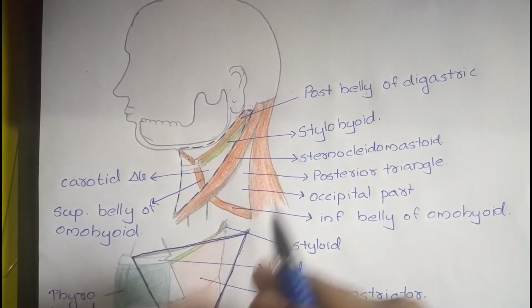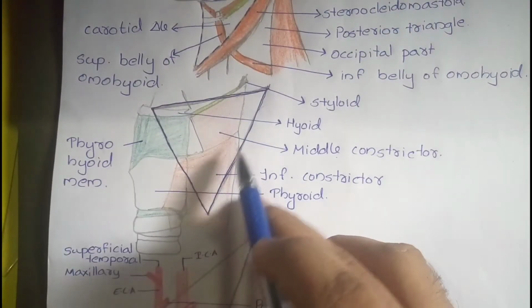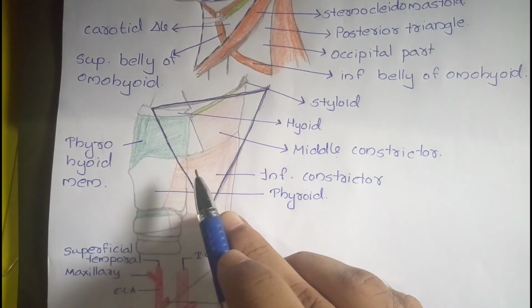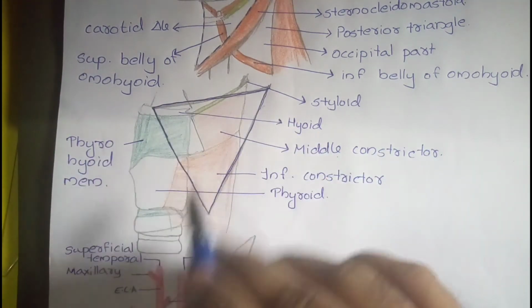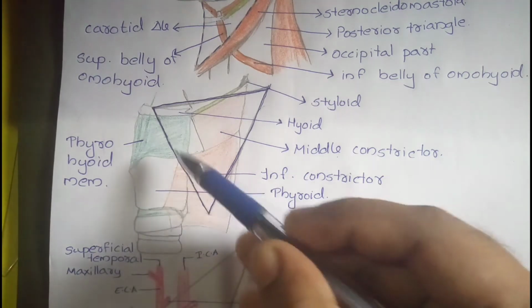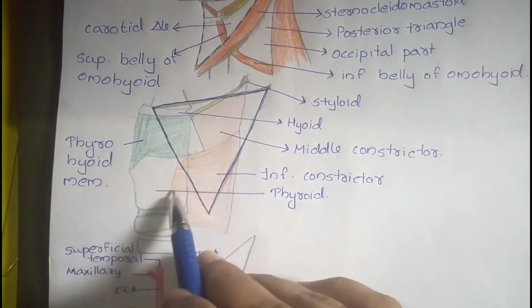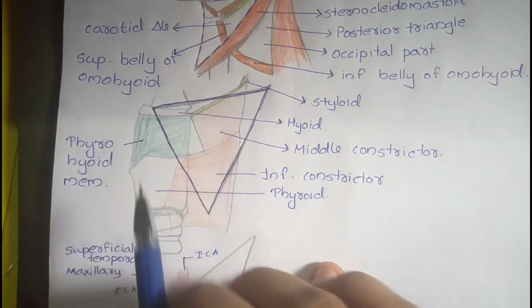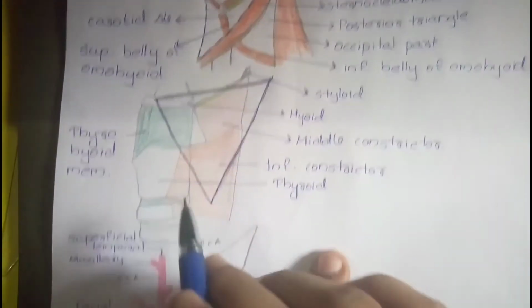Now let's move on to the floor. To know the floor, we should know this diagram, which shows the structures present in the floor of this triangle. This structure is the thyroid cartilage, and this will be the hyoid bone.